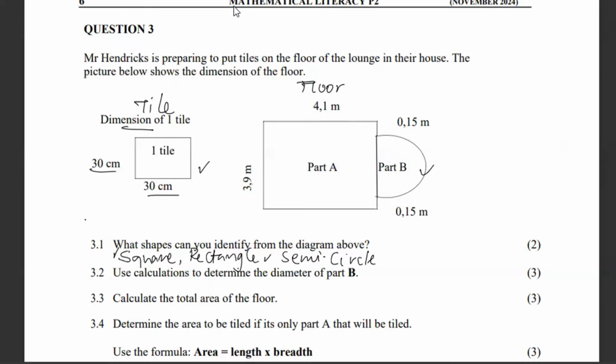They are telling us to use calculations to determine the diameter of B. So we want to know the distance from here up to here. Now, the full one from here up to there is 3,9. Yet these small gaps here are this much, and from here up to there, it's this much.